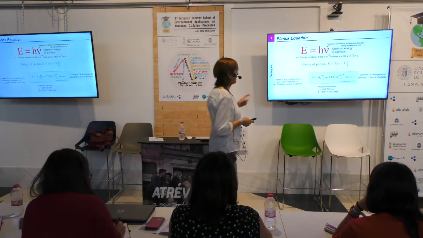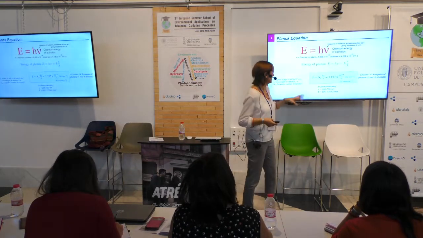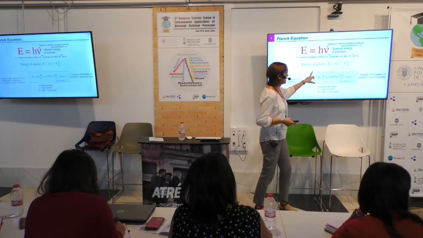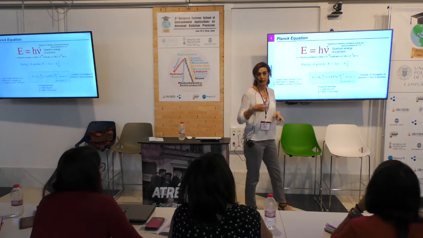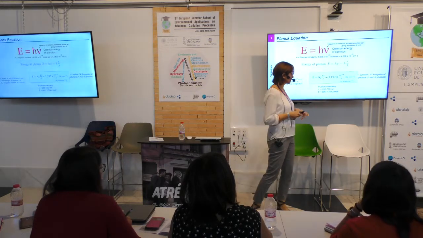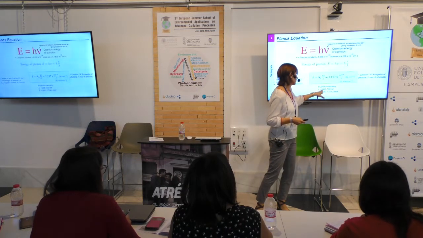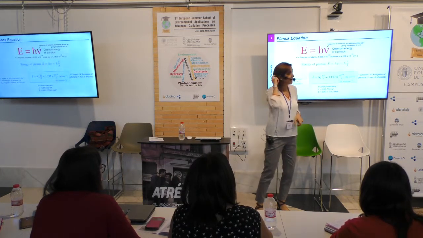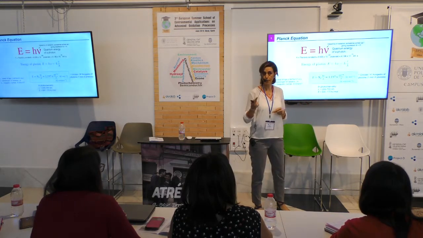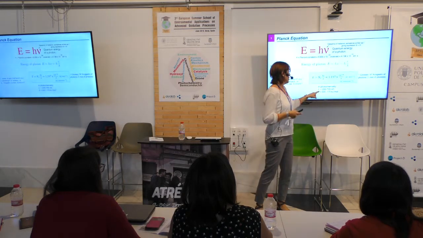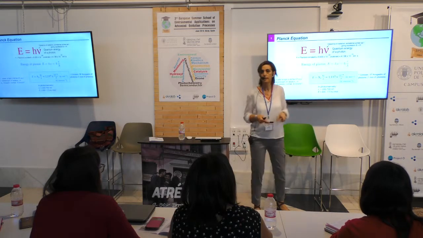If we multiply the Planck equation by the Avogadro number, we get an expression that relates the energy carried by a mole of photons, also called in photochemistry an Einstein of photons. This energy depends on the wavelength, and if we are working between 200 and 700 nanometers, the energy we are supplying with every Einstein or mole of photons will be comprised between 600 down to 170 kilojoules per mole.